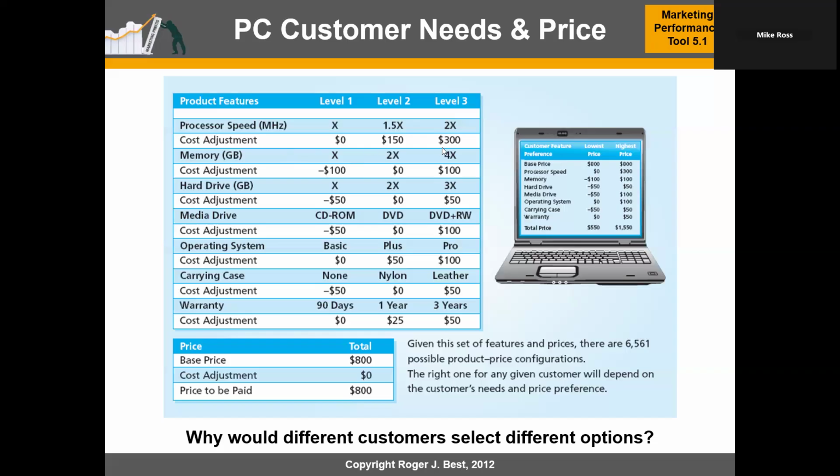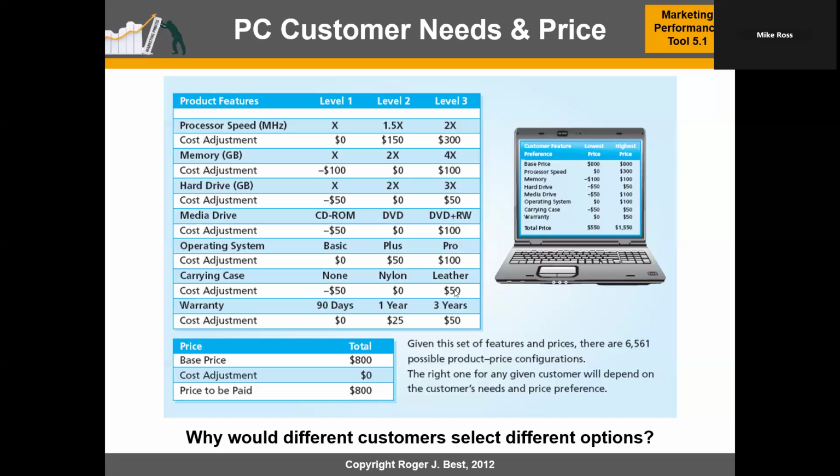They're willing to pay more. They want more memory, more hard drive space. They want more speed. They want all the bells and whistles around an operating system. They want a longer warranty and so on. And again, these are decisions that all of you or many of you have probably made in your lifetime already.